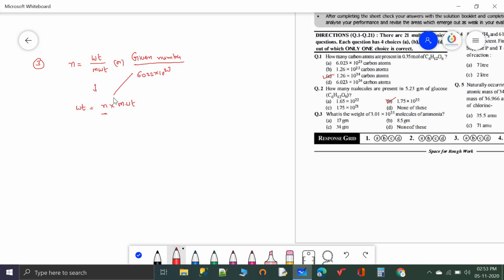In the place of number of moles, we can introduce the given number divided by Avogadro's number, into molecular weight.